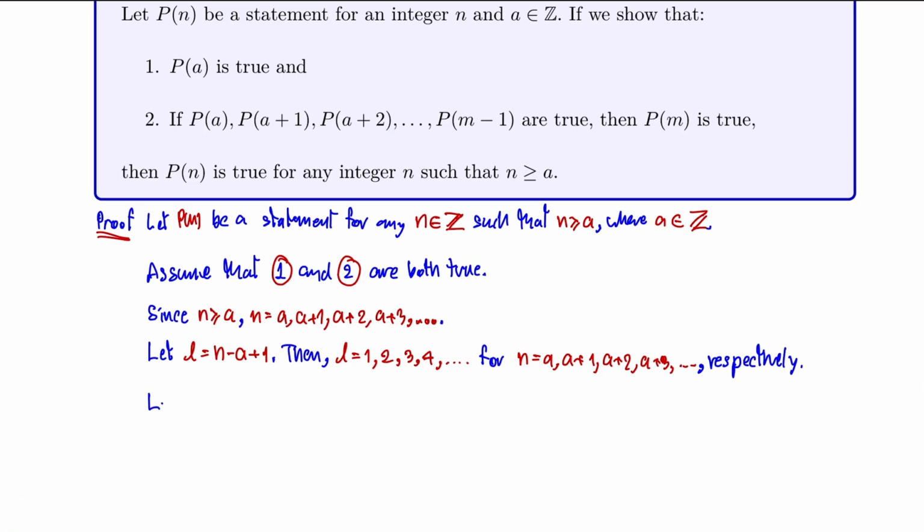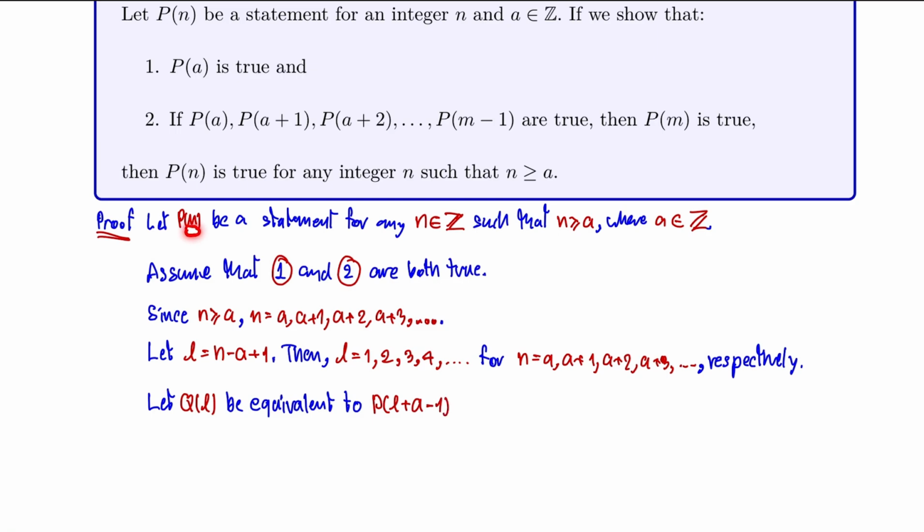And then we've got to use this statement. So we let Q of L be equivalent to P of L plus a minus 1. What does it mean by this?